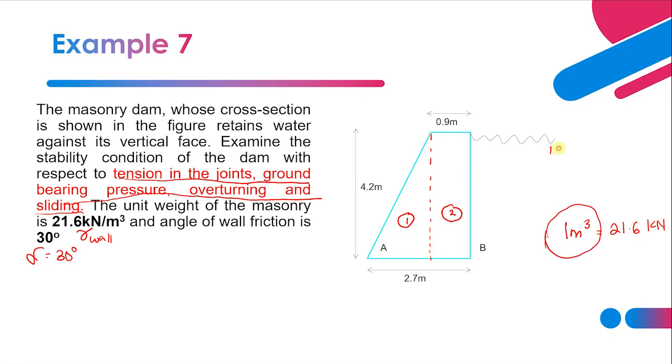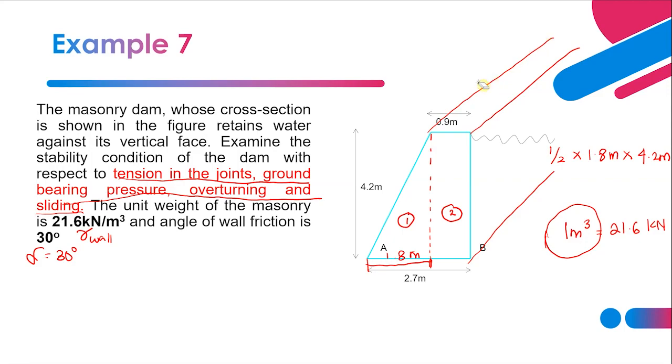Obviously it is half darab dengan berapa panjang this one. So 2.7 minus 0.9. So from here to here, this is 1.8 meter. Jadi darab 1.8 meter darab dengan height dia 4.2 meter. So kalau kita nak dapatkan volume, should be kita akan darab dengan panjang dia ke sana lah kan. But we don't know and we don't really care what is the value.